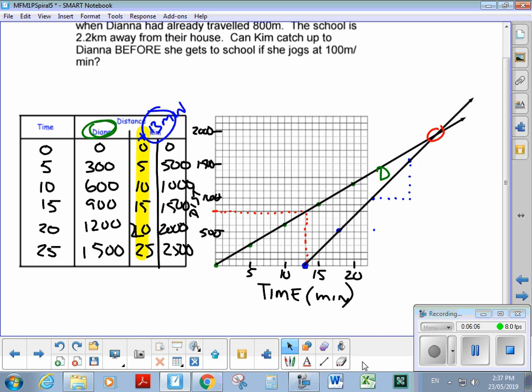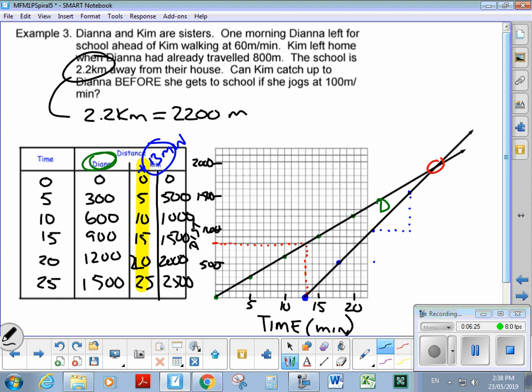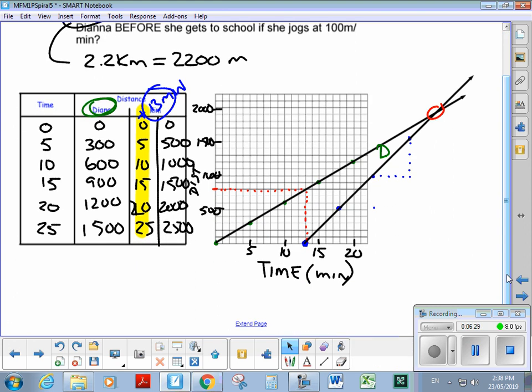Now, how far away is the school? 2.2 kilometers. Oh, of course. I've kind of messed that up by not having the right scale on the map. But 2.2 kilometers is 2,200 meters. So where is 2,200 meters? Here are our estimation skills.